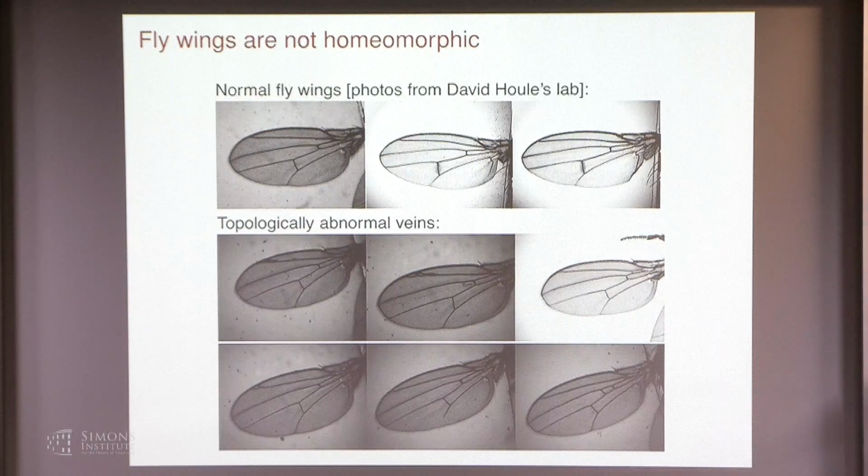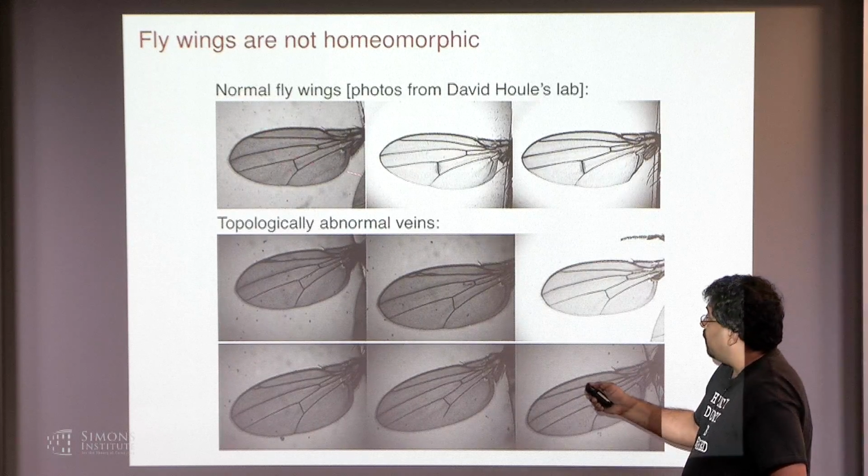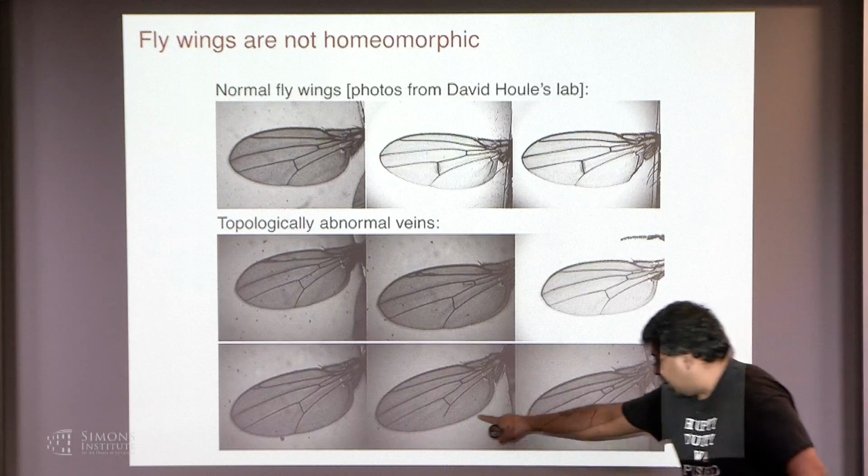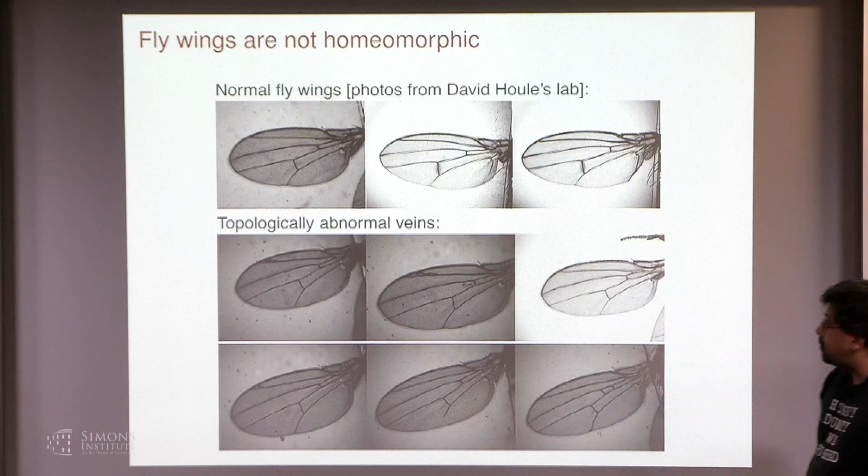A lot of these data, so these are fly wings, David Houle is a statistical geneticist. These are normal flies, and these are mutants. What you see are qualitative differences. You add lobes, you lose lobes. So it's very hard to do a diffeomorphism between these because they're qualitatively different pictures. For example, here we've lost this lobe.